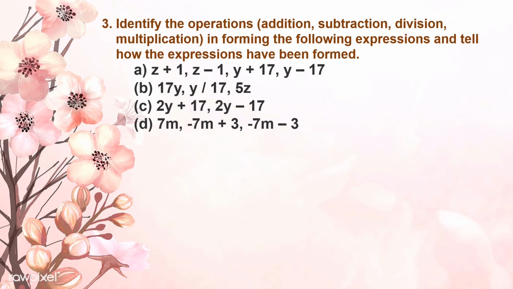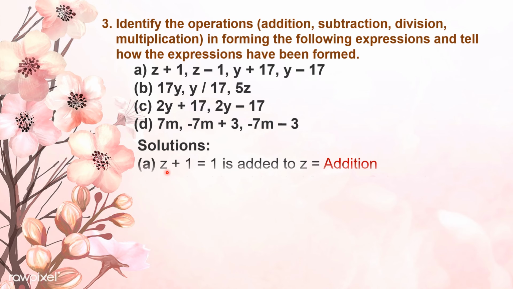Identify the operation in forming the following expressions and tell how the expressions have been formed. So you should tell how it is formed and what operation you used. Let us take the first one, A. See here, g plus 1. So here addition, isn't it?